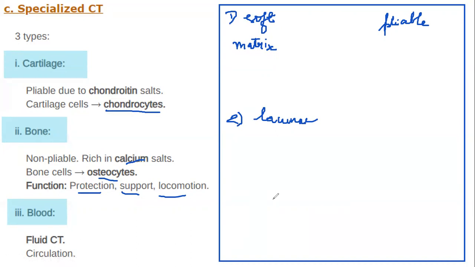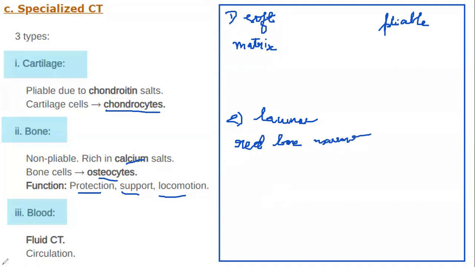It interacts with the skeletal muscles and brings about movements. And what is the site of blood cell production in bone? It is the red bone marrow.